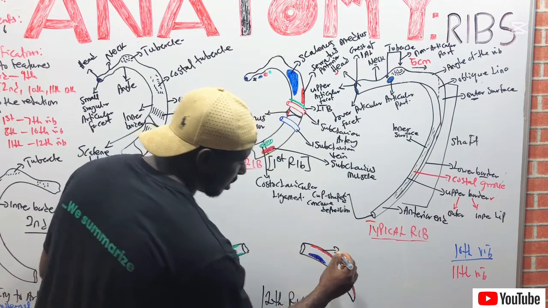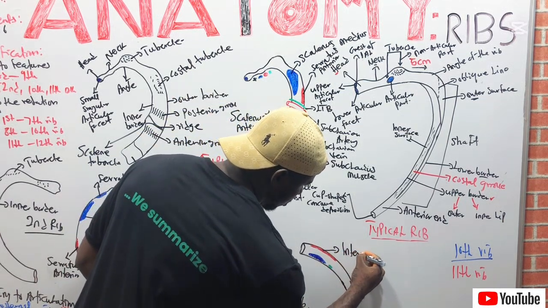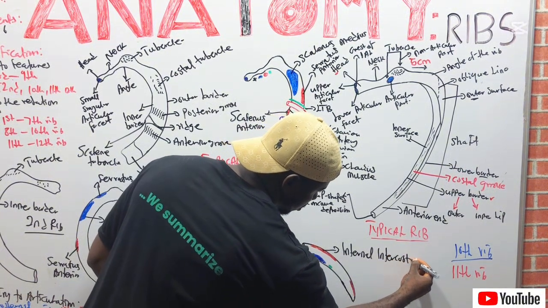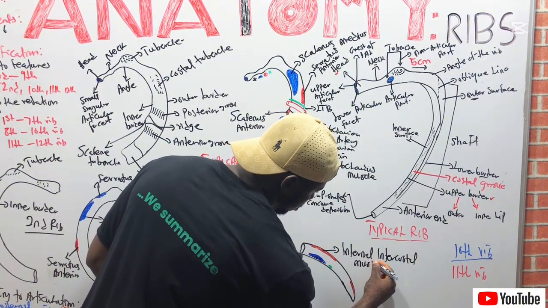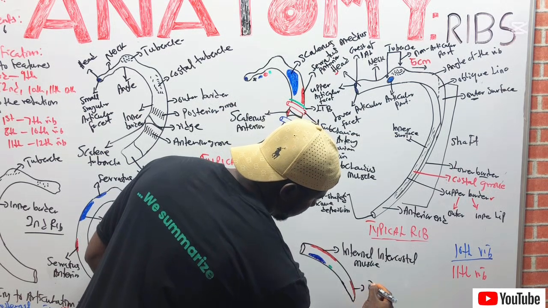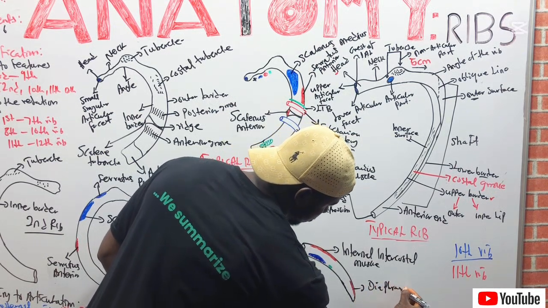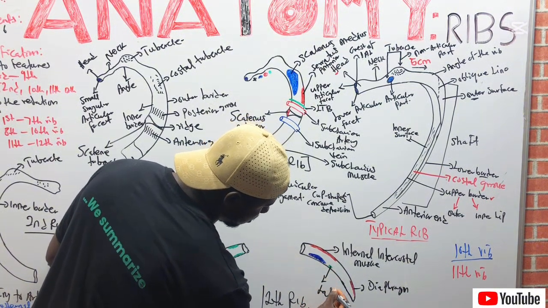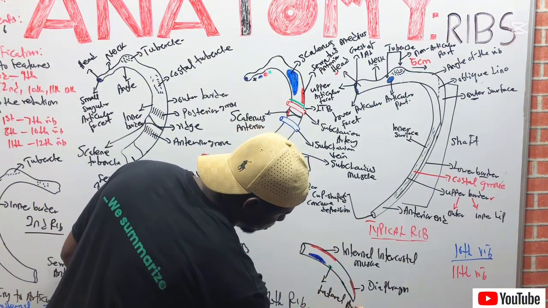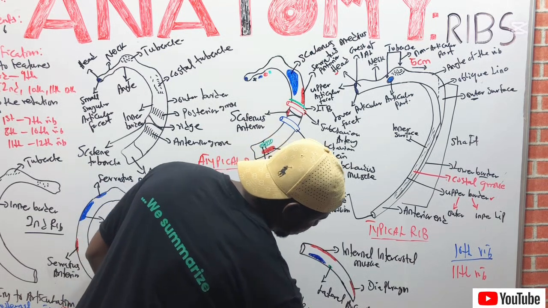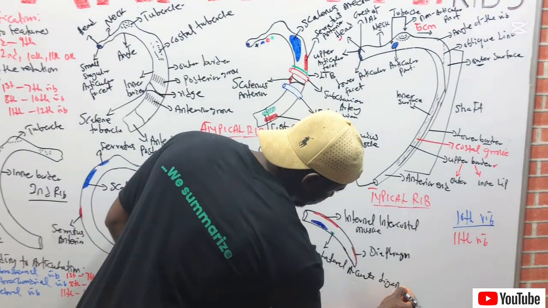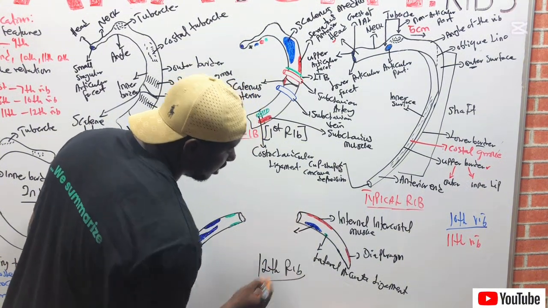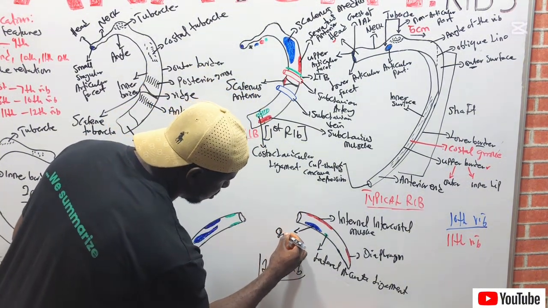This is the internal intercostal muscle. This is diaphragm. This is lateral arcuate ligament. These are what attach on it, please, not features. Here is the quadratus lumborum muscle.